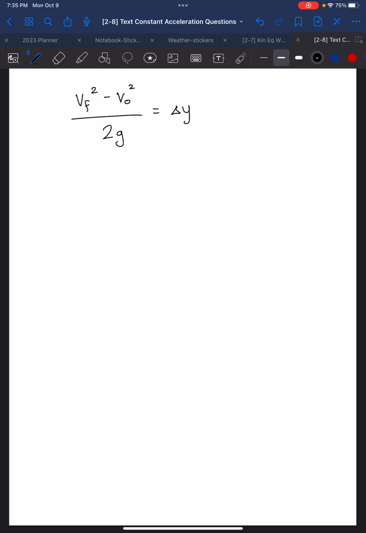Final velocity goes to 0. Initial velocity is given, I'm sure, and we can start plugging in numbers, or we can evaluate it using the measurements. Negative v0 goes here, squared, divided by 2g, which itself is negative.